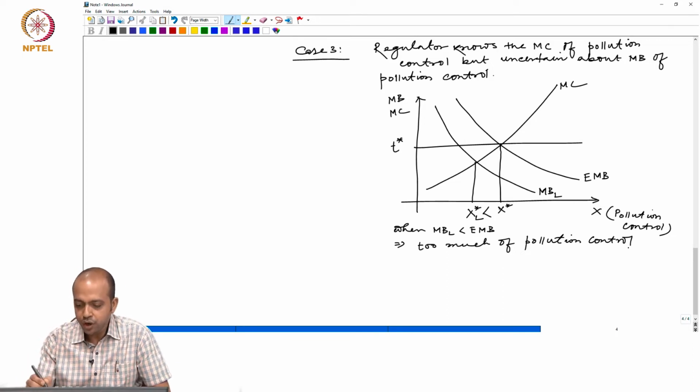Because society wants XL star, but private player is supplying here, T equals to MC. Okay. So, too much of pollution control.